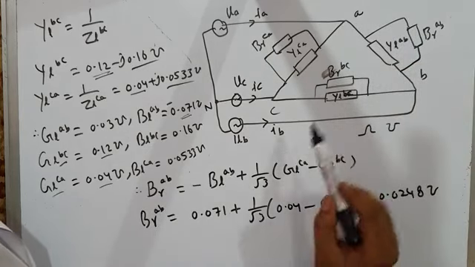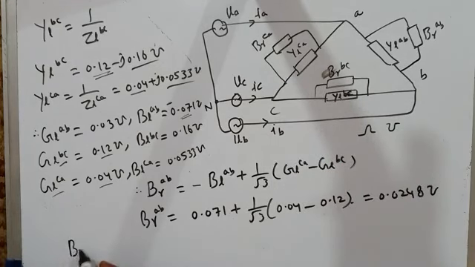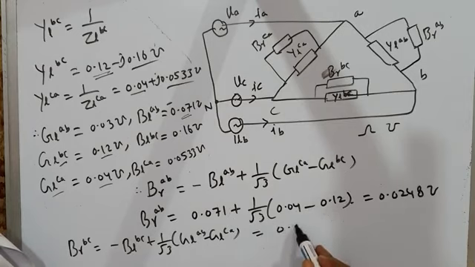Similarly, you have another compensator branch across BC. So what is its susceptance? B gamma BC is equal to minus BLBC plus 1 by root 3 times GLAB minus GLCA. If you substitute the values like this, you will get it as 0.1540 mho.